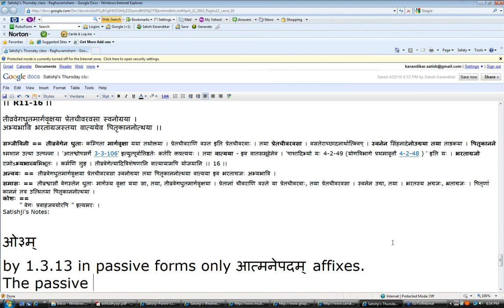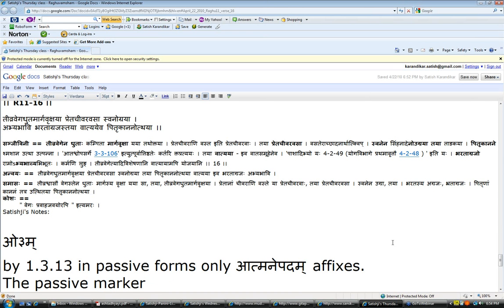That's where it gets a little difficult, because if you're not in one of these 4 lakaras, there may not be anything there to tell you that this is a passive form. You look at the context, see what fits, and try to look at the meaning, see what's going on.